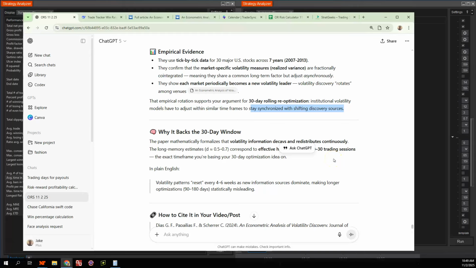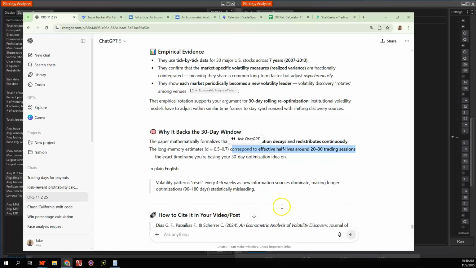The long memory estimates correspond to effective half-lives around 20 to 30 trading sessions. It was crazy reading some of this yesterday when I'm like, oh okay, this is the exact time frame you've been basing your 30-day optimization on.